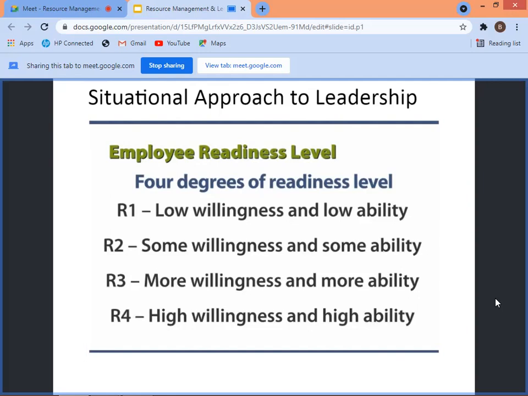The R1 is the telling style of leadership. But on R4, it will become a delegating style of leadership, or Laissez Faire, when you talk about the continuum of leadership. Okay?